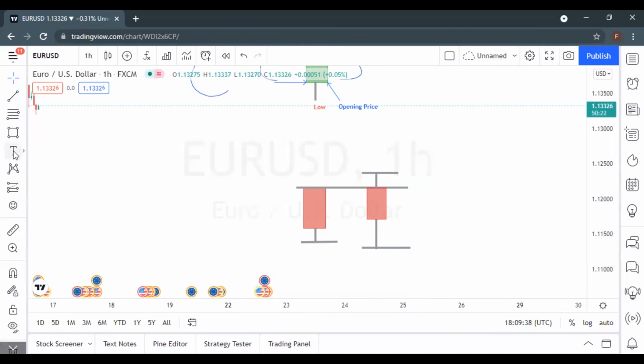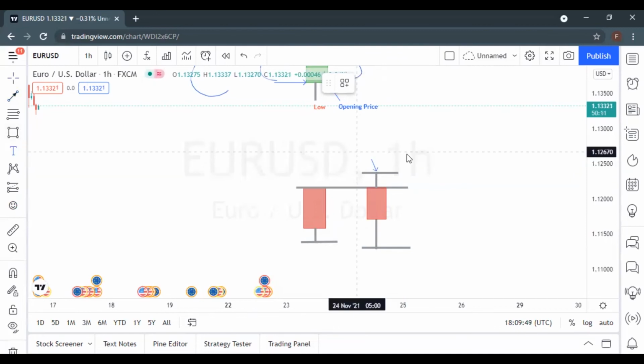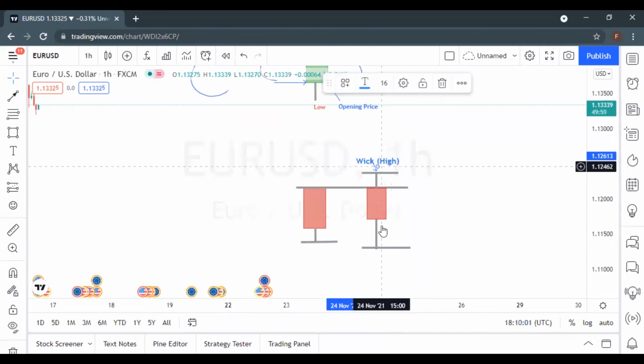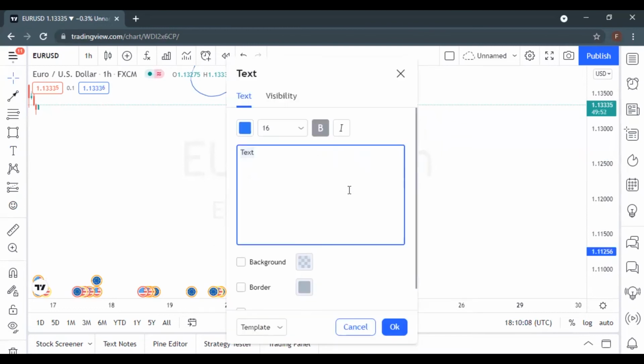So for a bearish candlestick, we are going to have, let's say, this is going to be our shadow, a wick rather, and the top part is the high, market high, right? Then this part is going to be our wick also, right? So this is a wick.